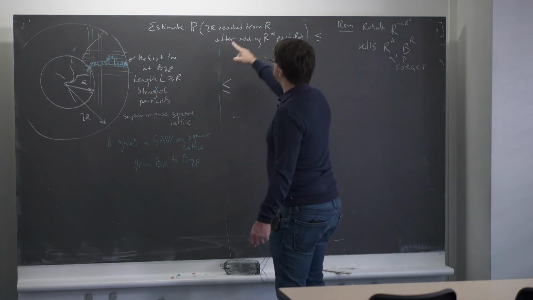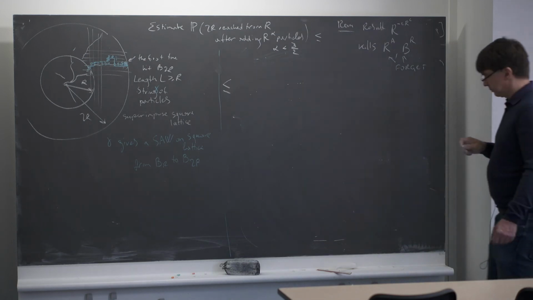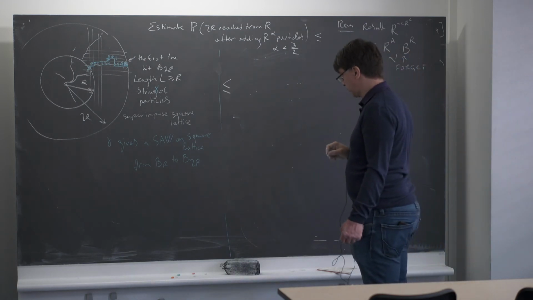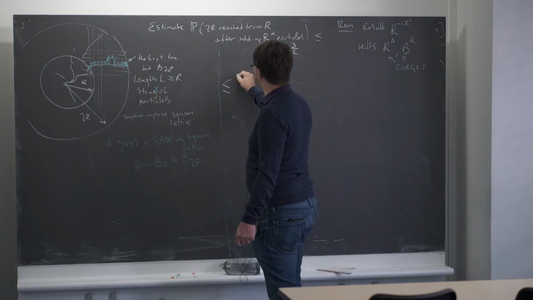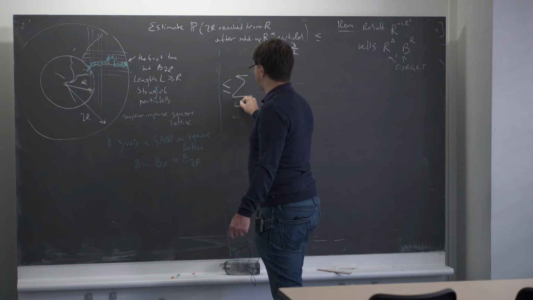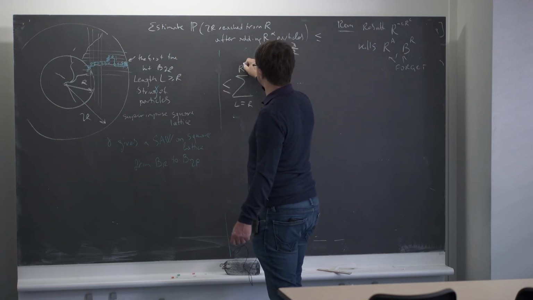Okay, now this probability can be estimated as follows. First, this length L can be different, so we need to sum over L. The minimum possible length is r, and the maximum possible is r to the power alpha.